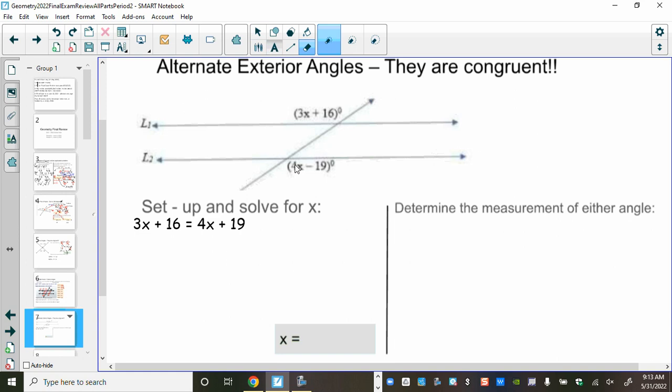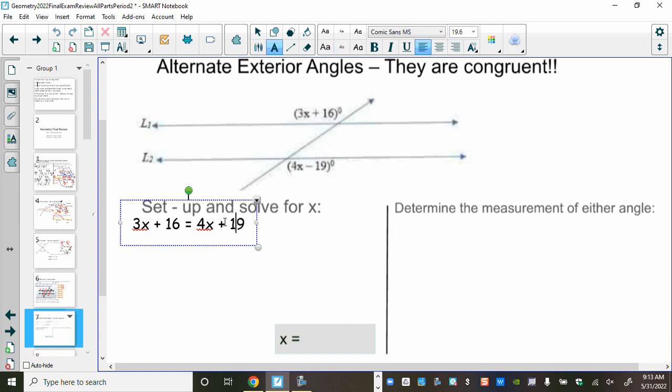I made a mistake. Again, I'm surprised nobody had said, hey, Mr. Connors, that should be a minus 19, not a plus 19. Sorry about that. You were right, Andrew. Your X is good. So once you get that X, that's my fault.